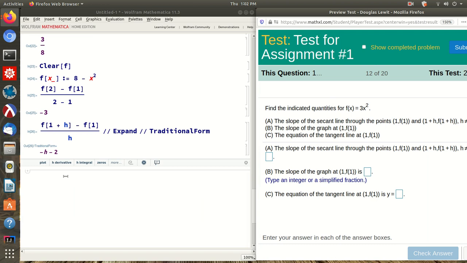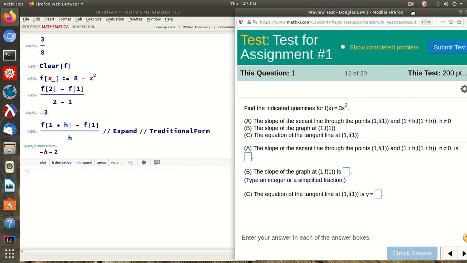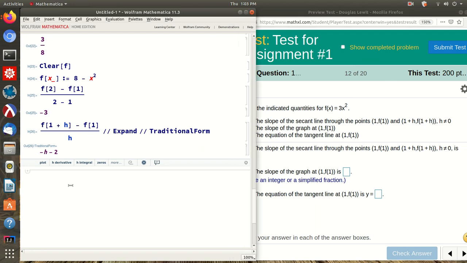So the slope of the secant line through the points 1, f of 1 and 1 plus h, f of 1 plus h. Okay, so really that's not going to be very hard. Let me remove the function f to make it symbolic.